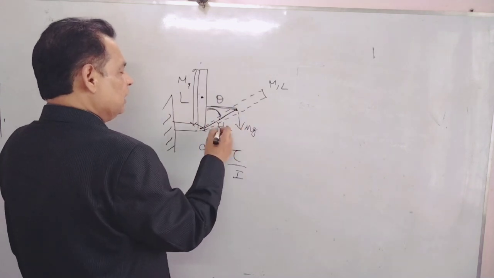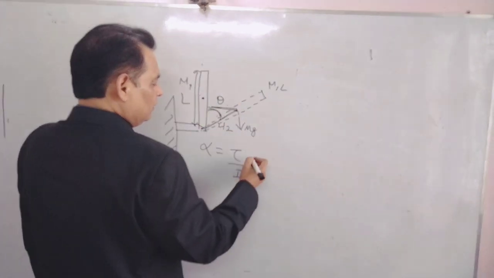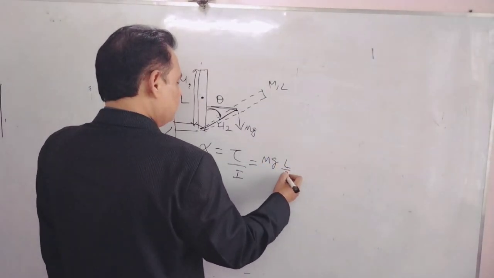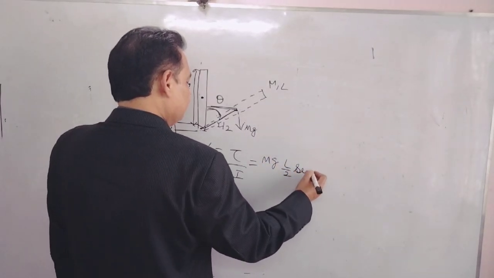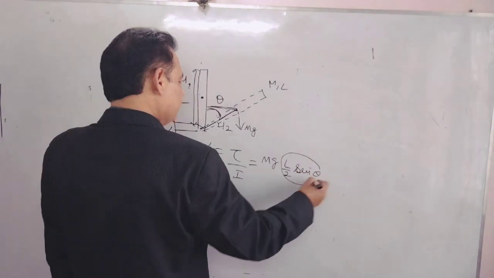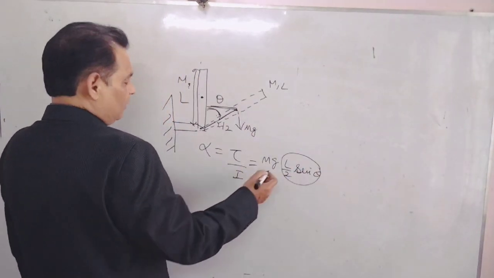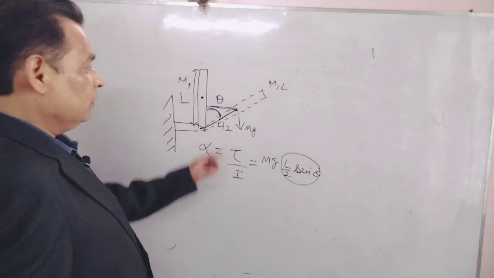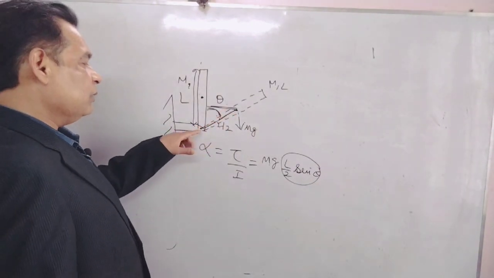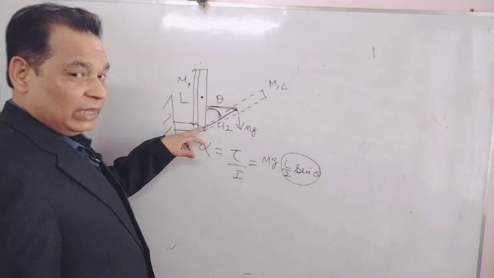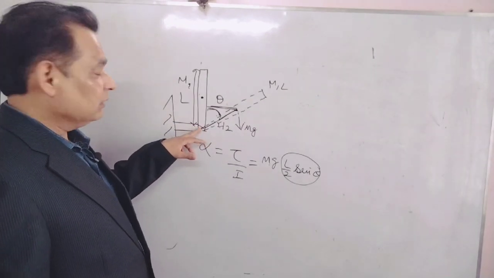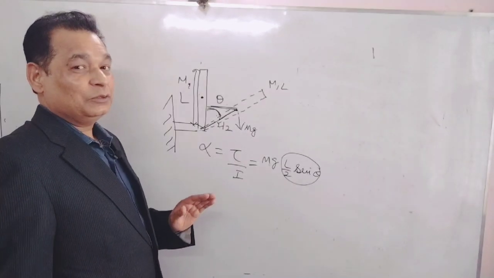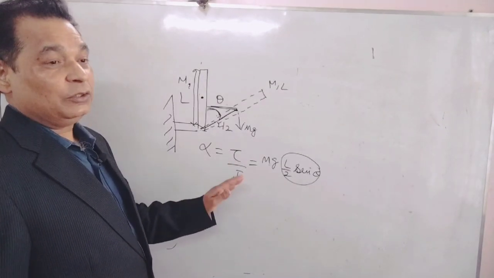So mg L by 2 sin theta will be the torque. This is the single force which provides torque, because the force applied by the axis passes through the axis, so it will not provide any torque.